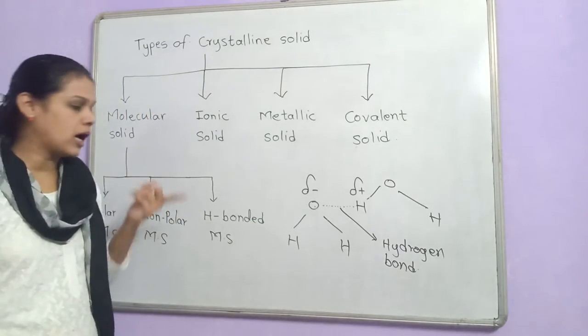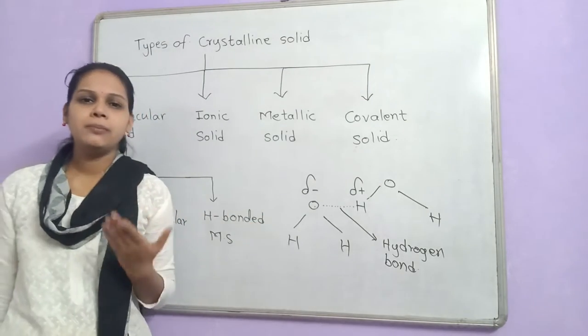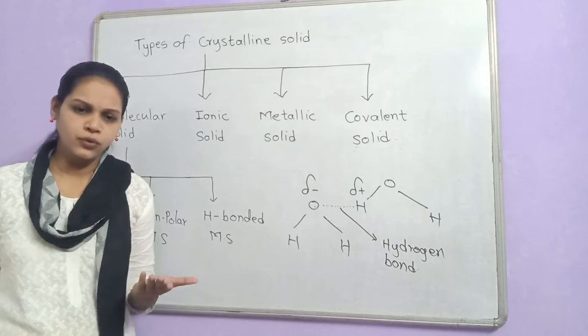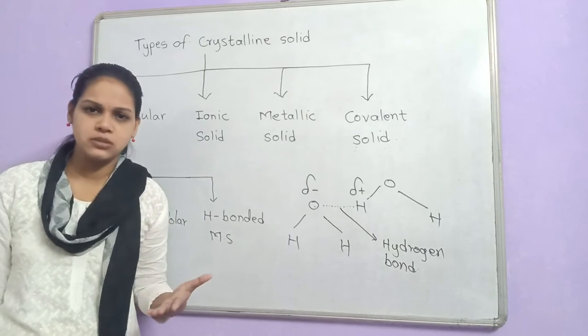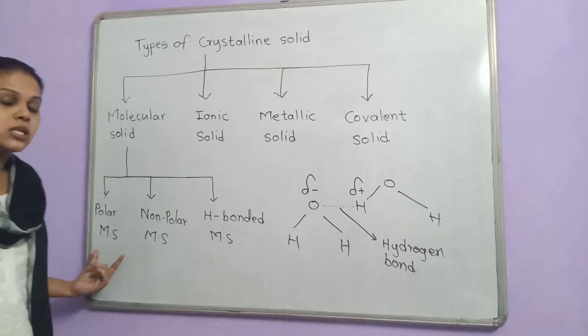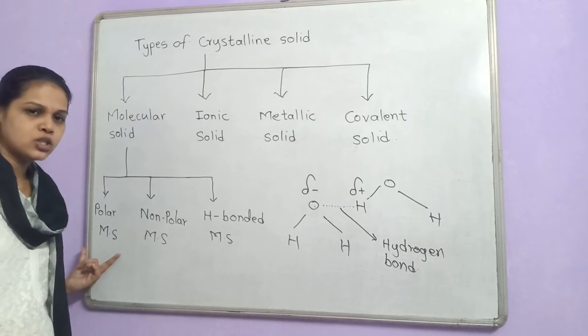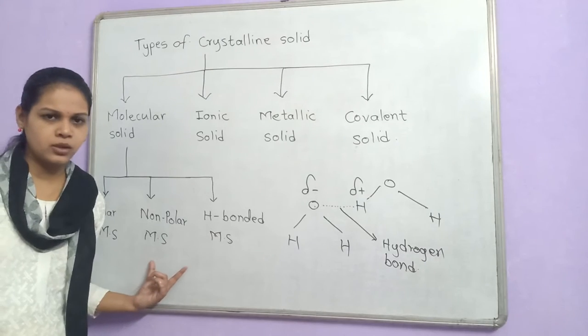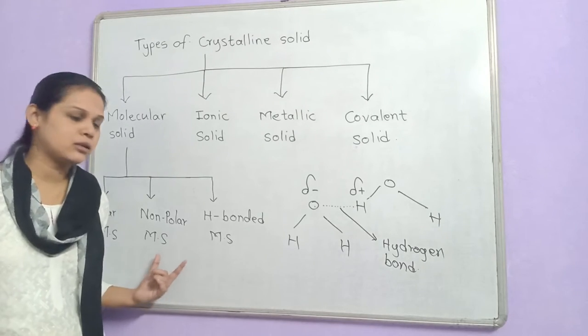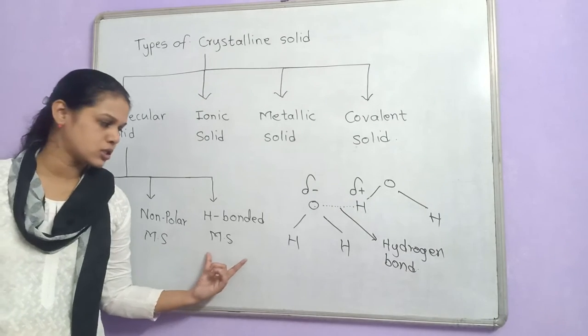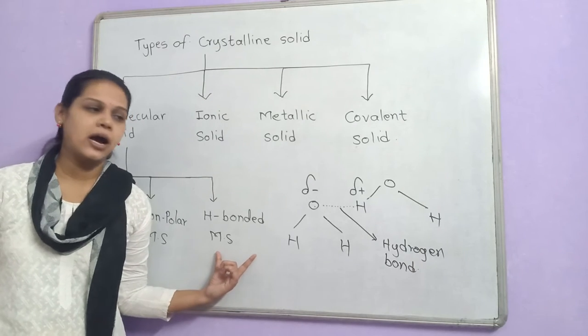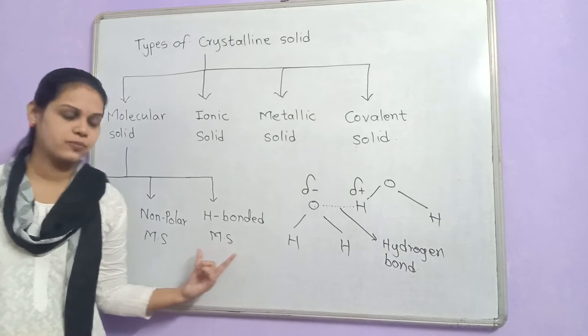Molecular solids are again classified depending on the type of force of attraction between atoms. If it is polar, then that solid is called a polar molecular solid. If bonding is non-polar, then it is called a non-polar molecular solid. And the last one, hydrogen bonded molecular solids.